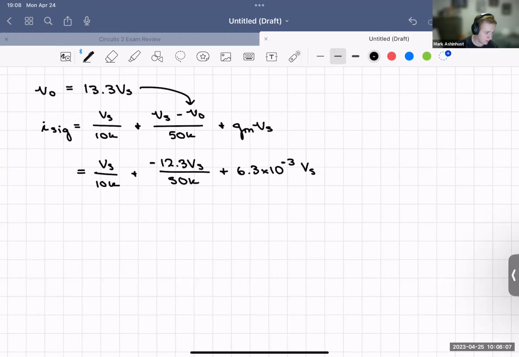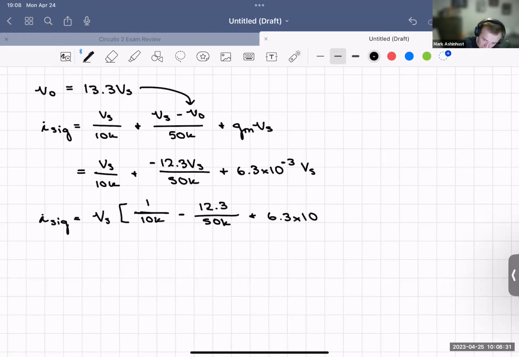And we could solve. So we get I sig equals VS times (1 over 10K minus 12.3 over 50K plus 6.3 times 10 to the negative 3). And that's a constant there.